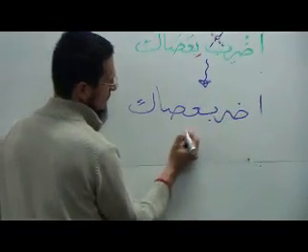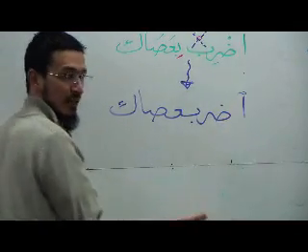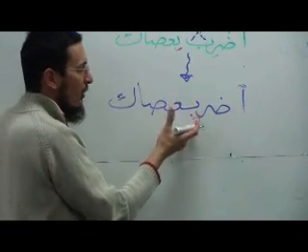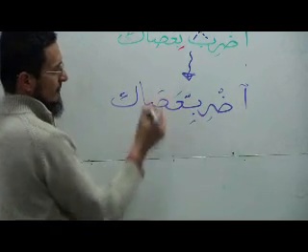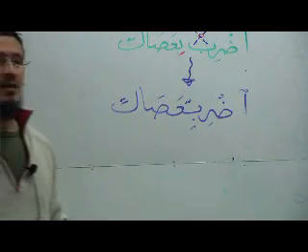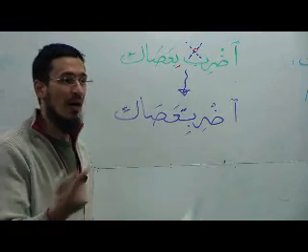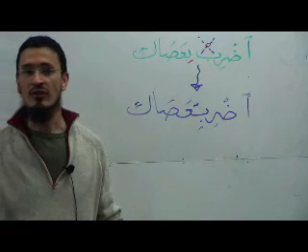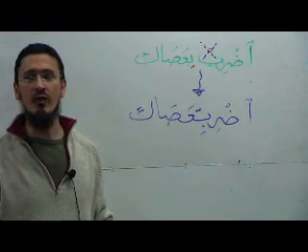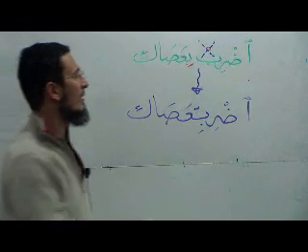What did I do? I did the assimilation, right? I did the idgham. I merged them all in one word. اضرب بعصاك. I just pronounced one ba. Don't say it separately. No. The whole point is, the first one is sakin.